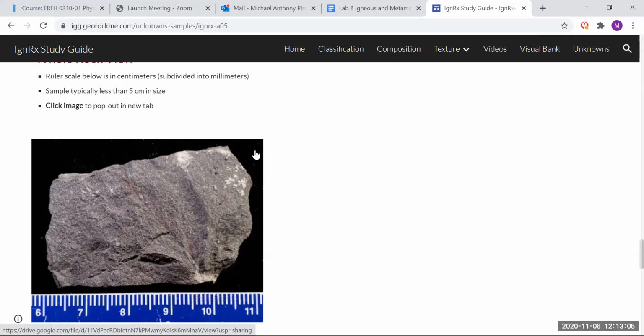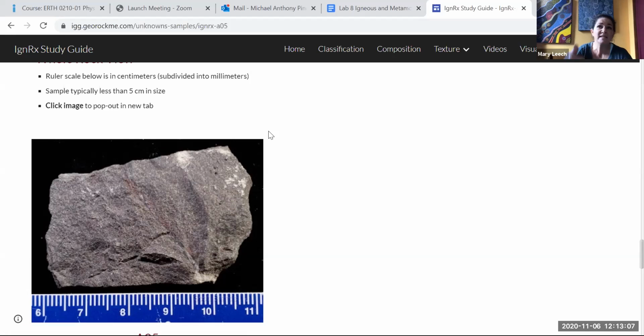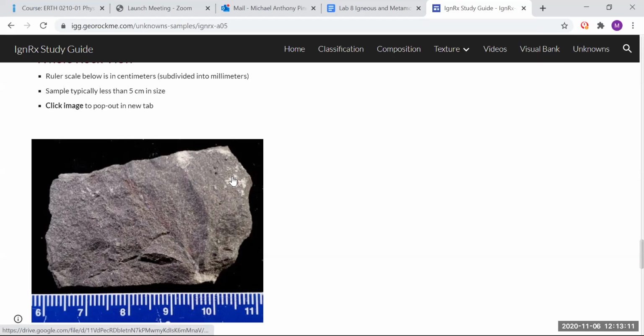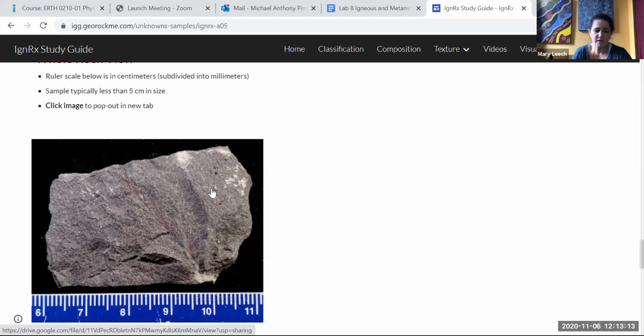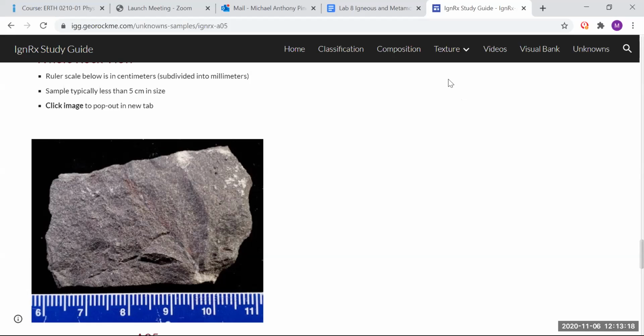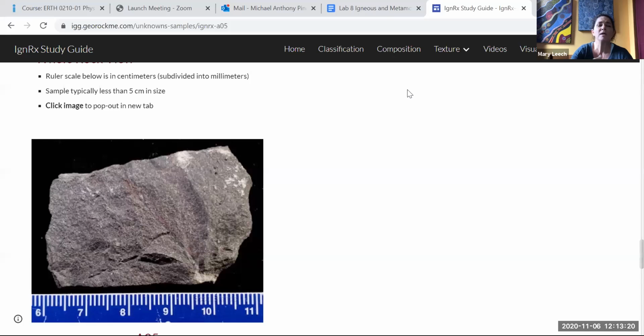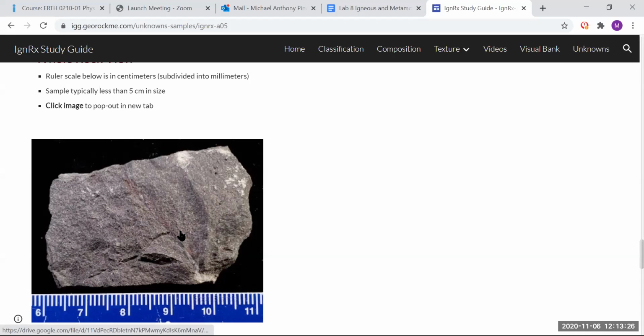What texture does it have? Does it have any identifiable minerals in it? No, it doesn't. What texture does it have? Crystalline. Okay. But tell me about the size of the grains. Are they small?